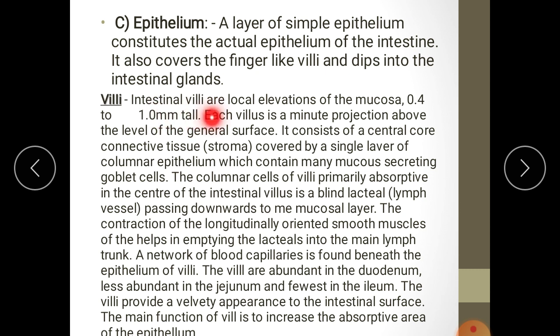Intestinal villi are local elevations of the mucosa, 0.4 to 1 mm tall. Each villus is a minute projection above the level of the general surface. It consists of a central core of connective tissue covered by a single layer of columnar epithelium, which contains many mucus secreting goblet cells.